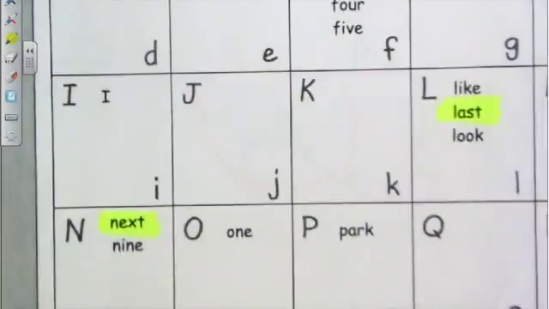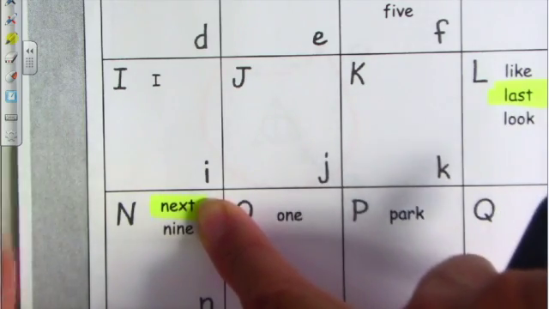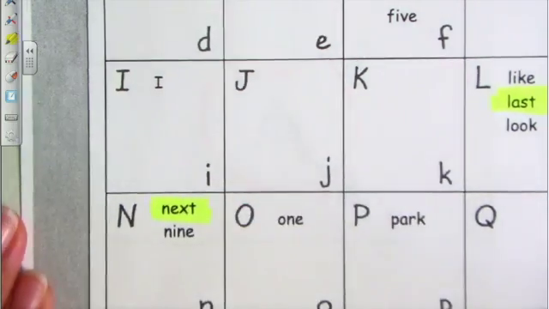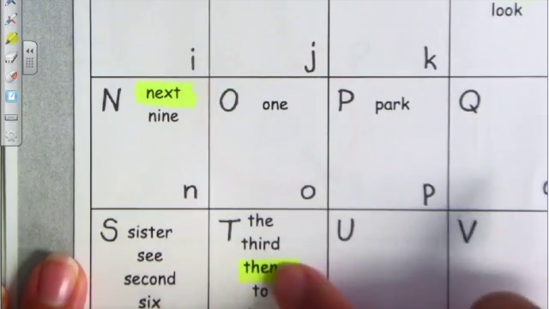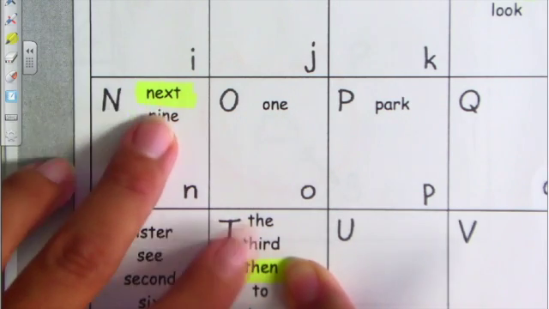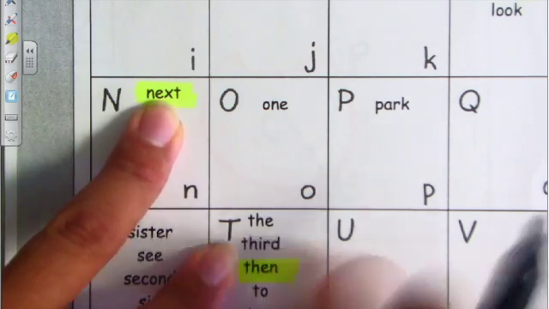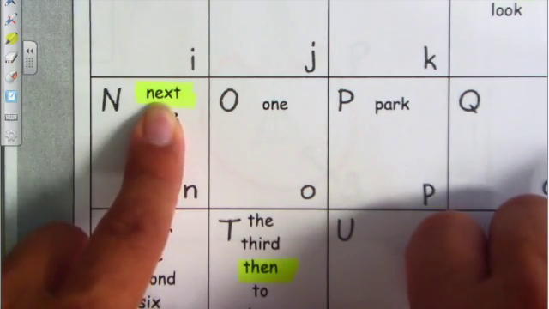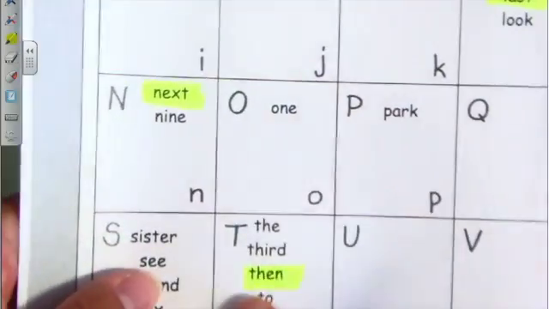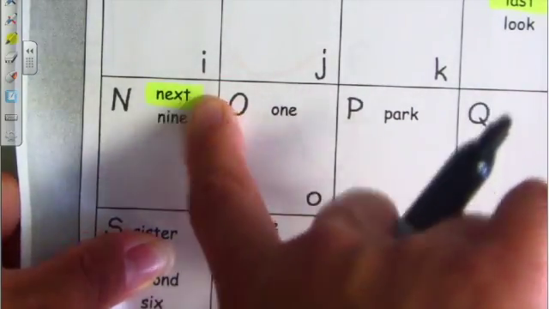I could use next, which is the word we've been using for our second step, or I can use the word then. So for our middle steps, we can use either of these words. Since I've been saying next for my second step, I'm going to go ahead and put next. Maybe next time I'll put then. But today, page 2 is going to say next.